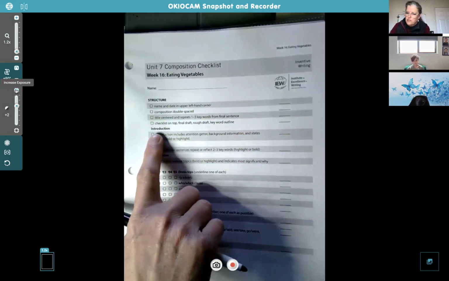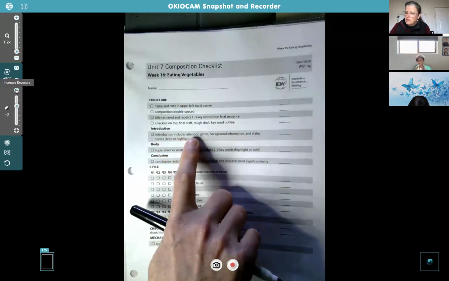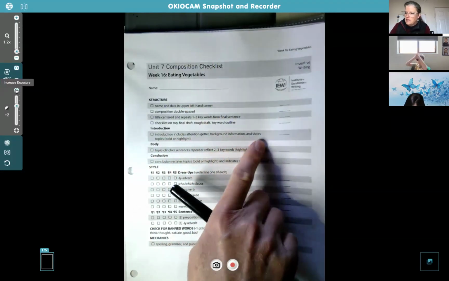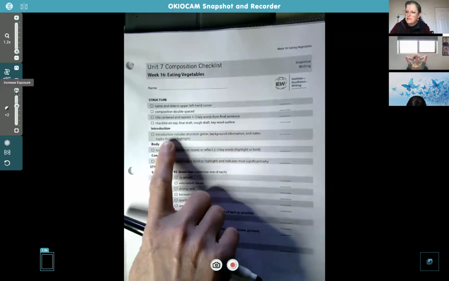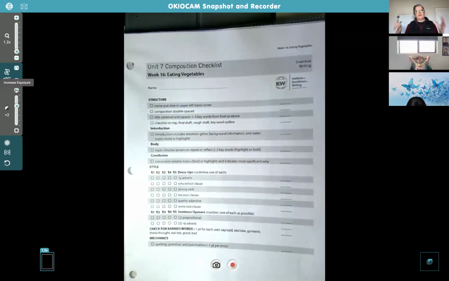But look up here where it says introduction. Introduction includes attention getter, background information, and states topics. And then it says bold or highlight. You're going to bold or highlight the topics only. That's why we put a box around them. They're going to be in different sentences.